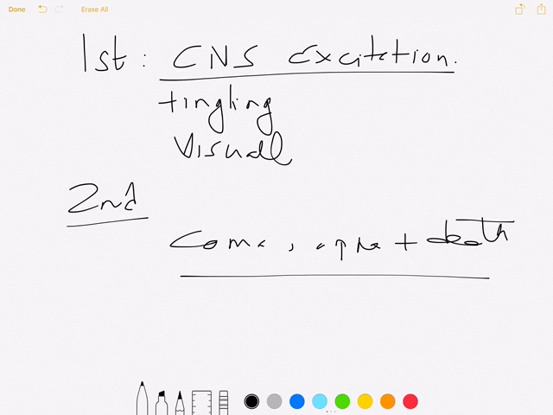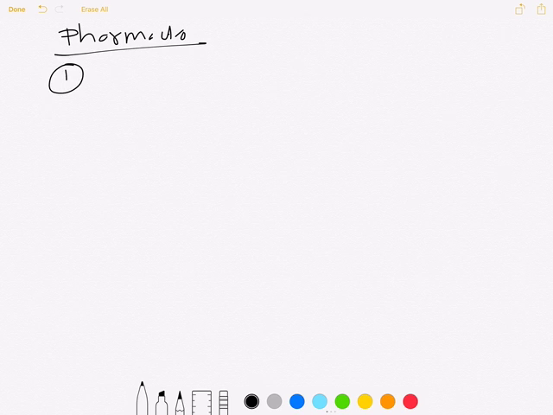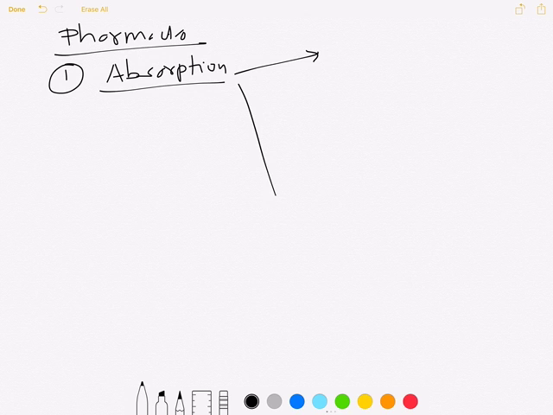Okay, now let's go to the classical pharmacokinetics of local anesthetics. First, we always talk about absorption. Local anesthetics can be administered in multiple ways.